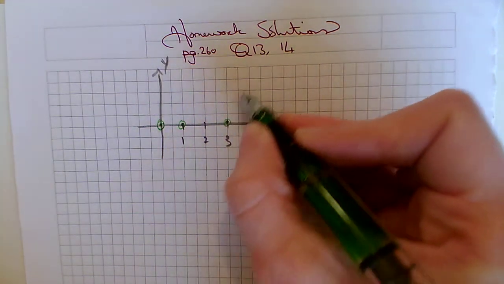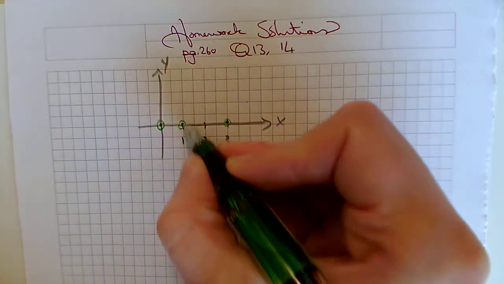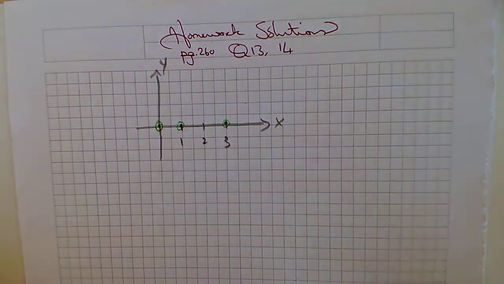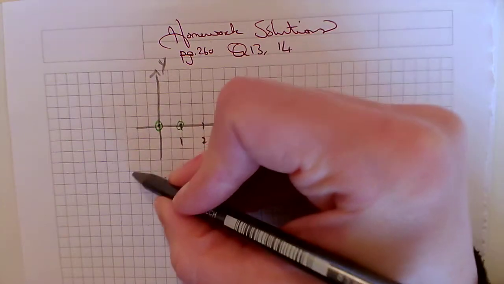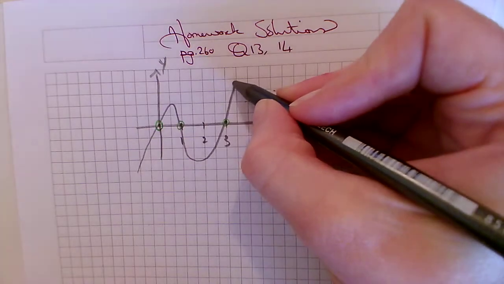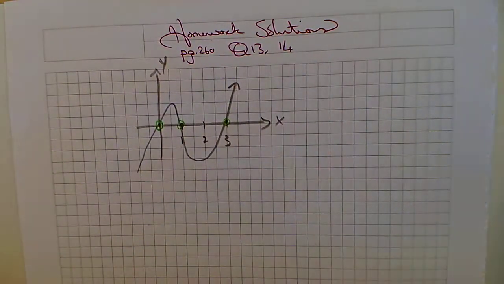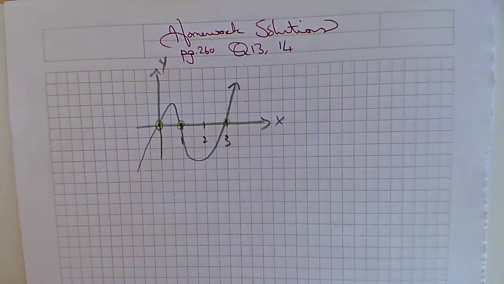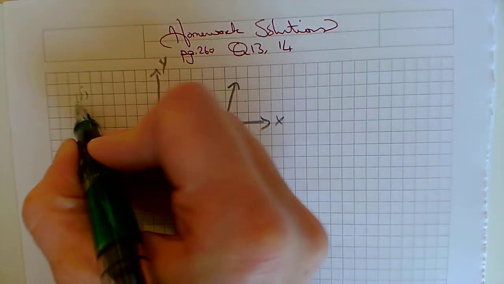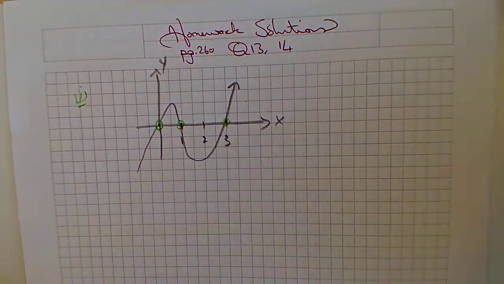Now, because it ends pointing up, I know it has to come through here. So this is the kind of shape that I'm going to have. And I don't know those values. I don't know how high up it goes or how far down it goes. So that's what I'm looking for, just to show that shape. So the points of intersection and the shape is what we're looking for in these questions.